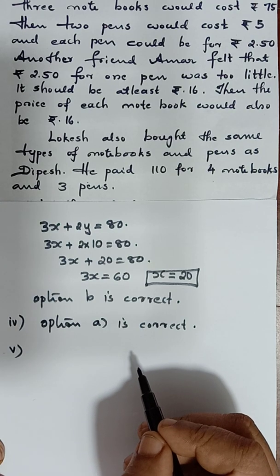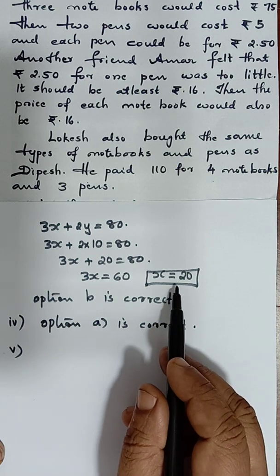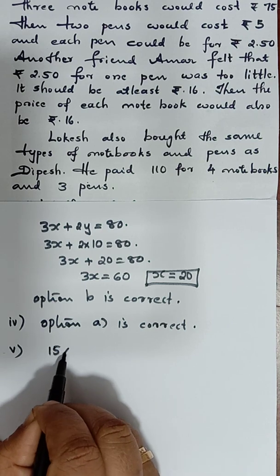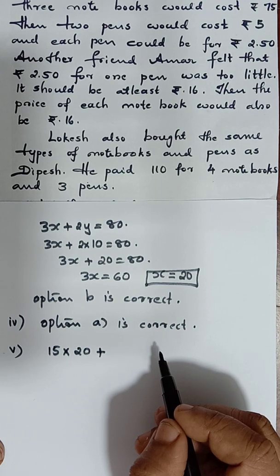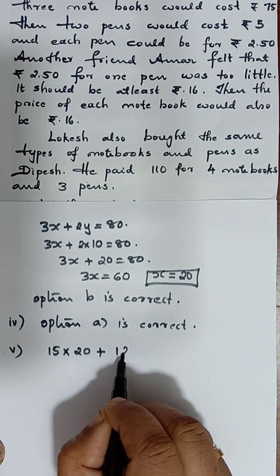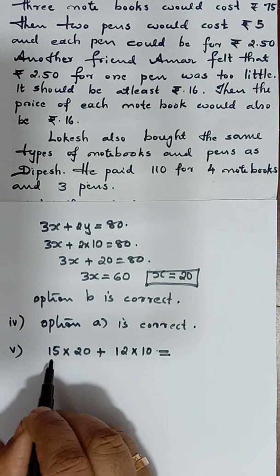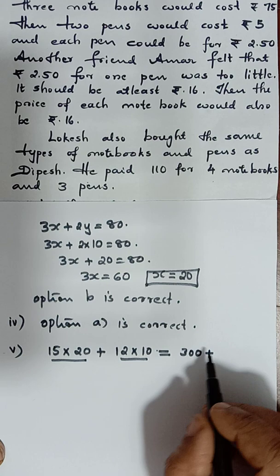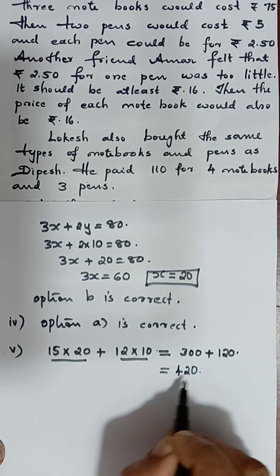Notebook cost is X, which we have found out to be 20. Y is 10. 15 notebooks cost 15 into 20, and 12 pens cost 12 into 10. 15 into 20 is 300. 12 into 10 is 120. So on the whole we have 420.